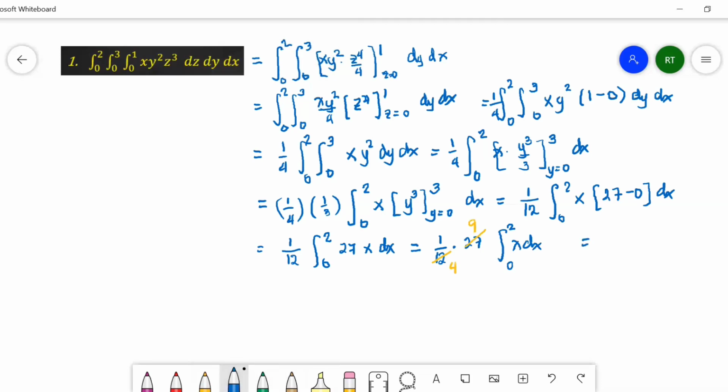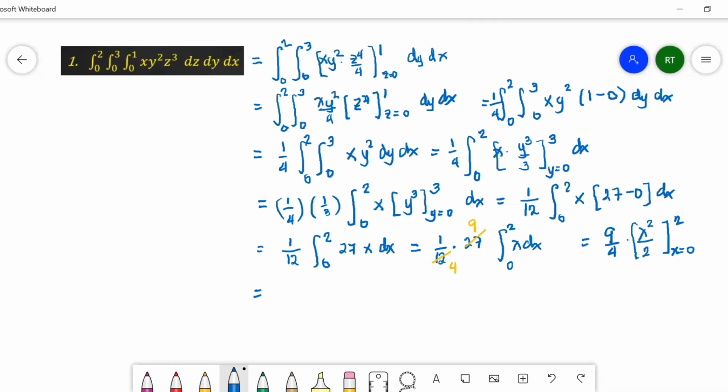And integrating x dx gives us 9 over 4 times the integral of x dx, which is x squared over 2. We have to evaluate this from the lower limit x equals 0 to the upper limit 2.